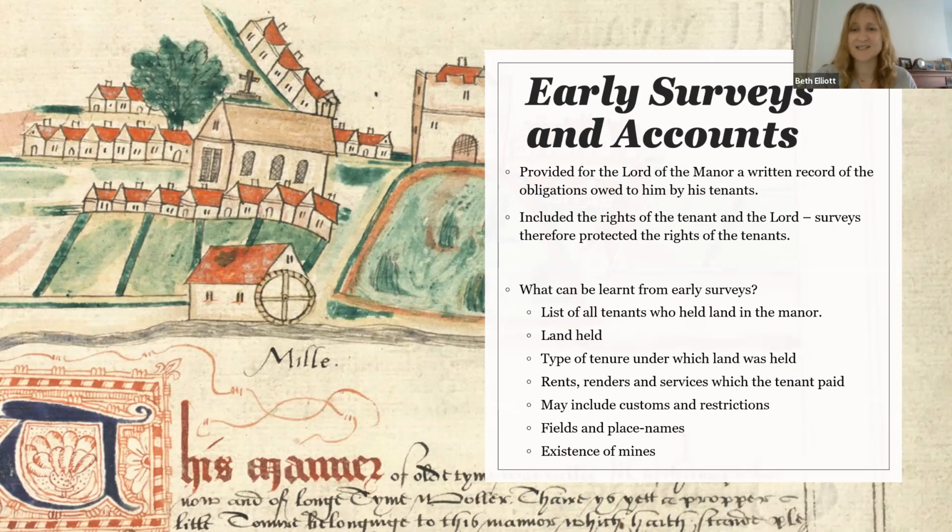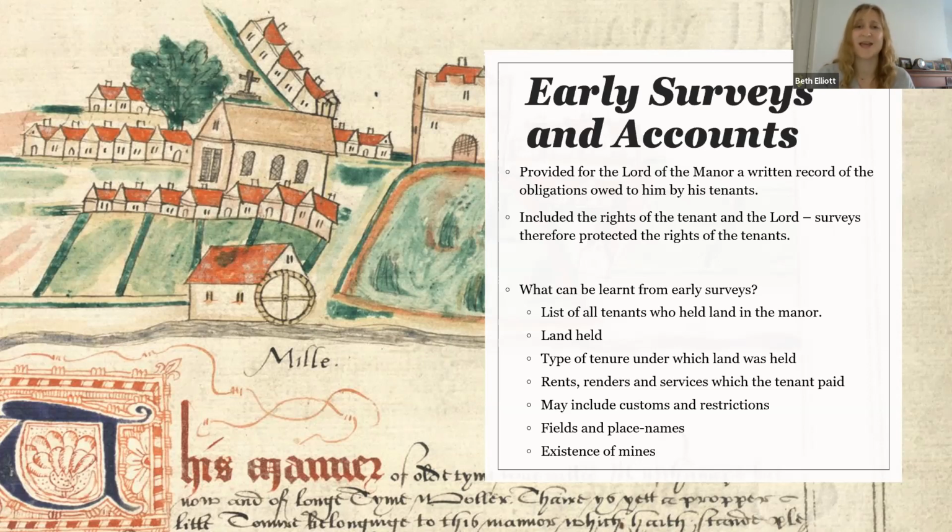But we can find lists of the tenants who hold land in the manor, the sort of land that they held, the types of tenure, so what type of tenant they were, rents, renders, services which the tenant paid, customs, restrictions, field and place names, existence of mines. So you don't have to be massively interested in just history. You could be interested in passive geography, locations. There's all sorts of information you can find in these.